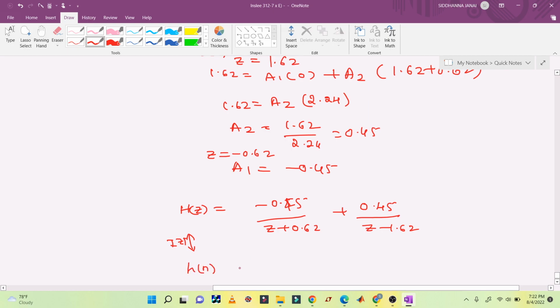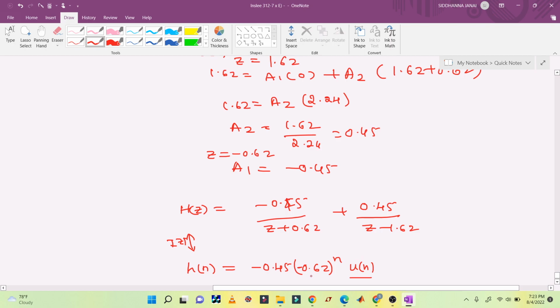H of Z will become H of n: minus 0.45 is a constant which will be outside, then minus 0.62 to the power n u of n. Why am I taking u of n? Because ROC is right sided and it is greater than 1.62.